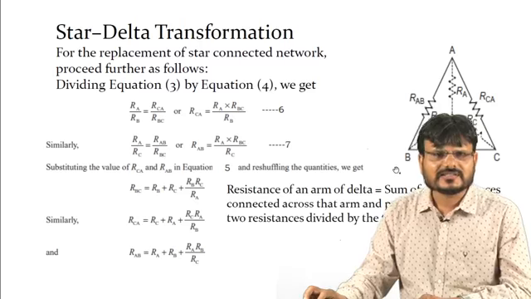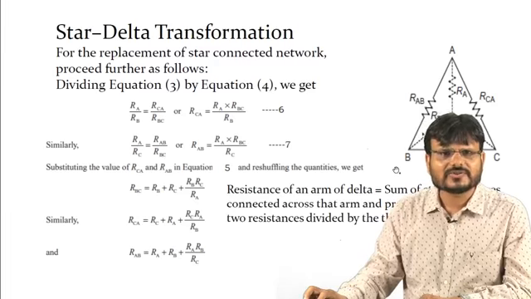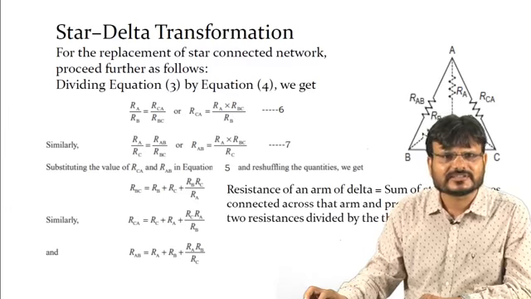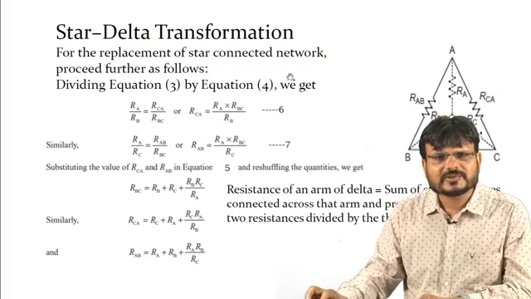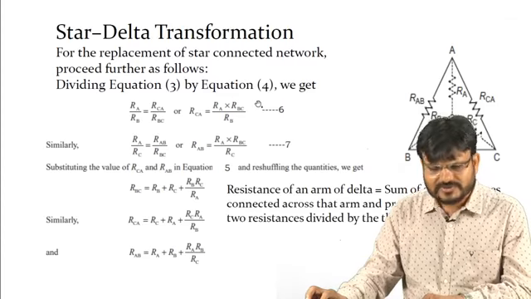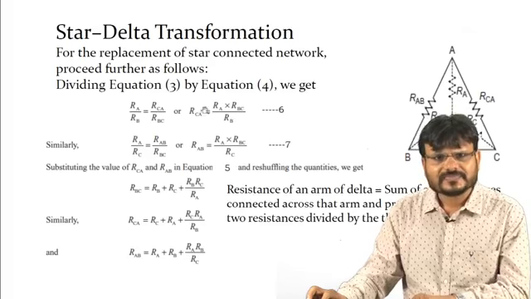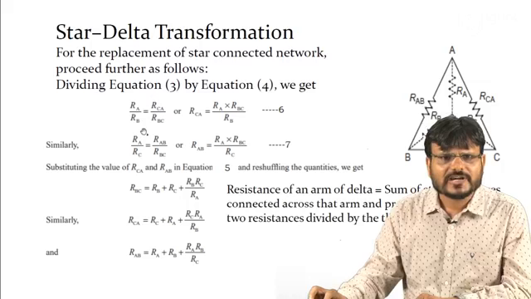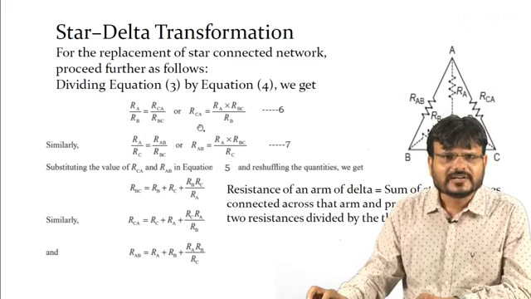Next and last is the star-delta connection: how you can convert star into delta connection. For the replacement of the star connected network, dividing equation 3 by equation 4 as in the previous slide, you can write RA upon RB is equal to RCA upon RBC, or RCA is equal to RA into RBC upon RB.